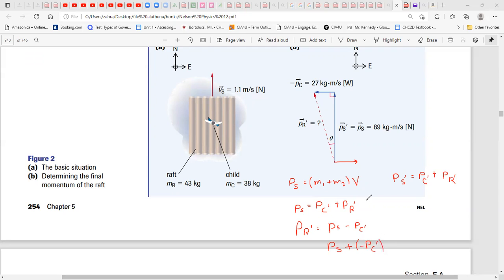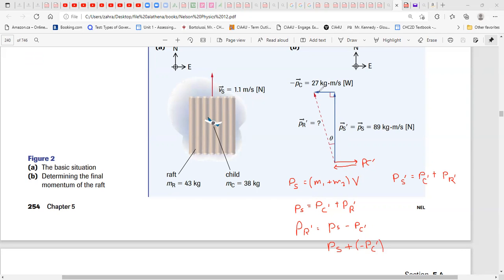So first I need to find negative PC prime. Negative PC prime means you put a vector opposite to that. Then I put it successively after this vector, so I have a vector addition between P of S and negative PC prime, and from here to here will be the resultant.